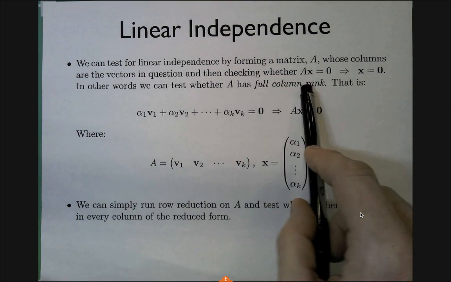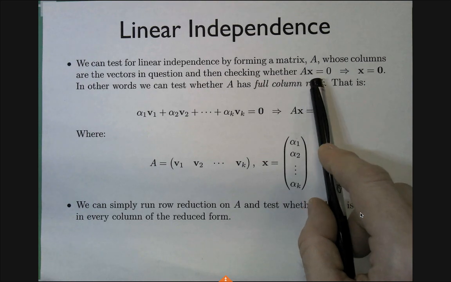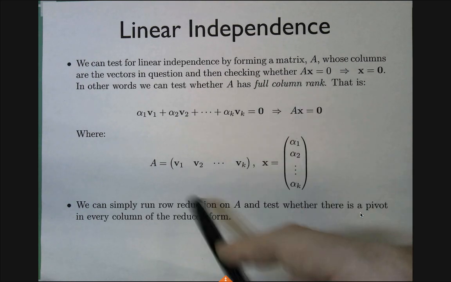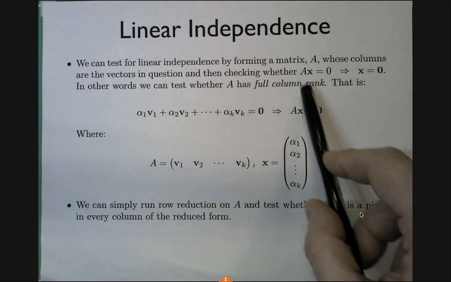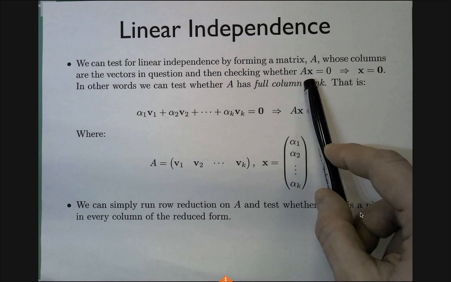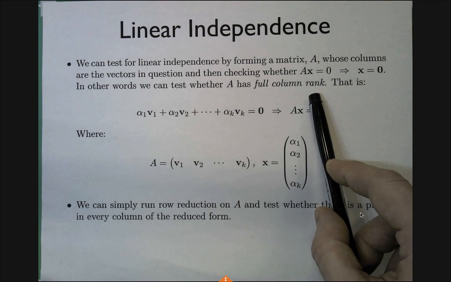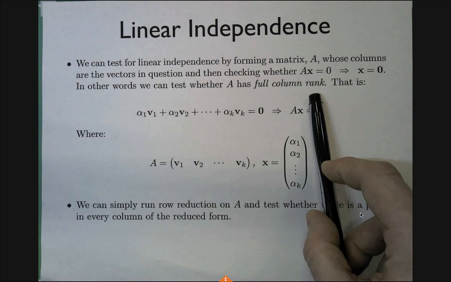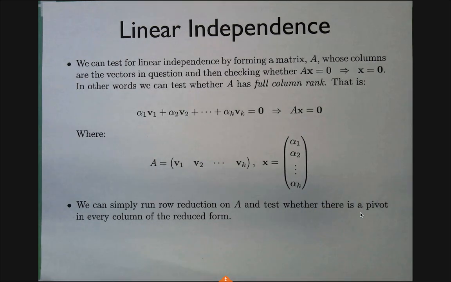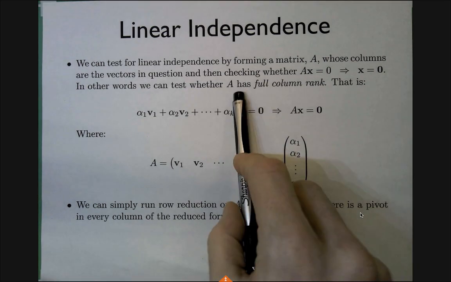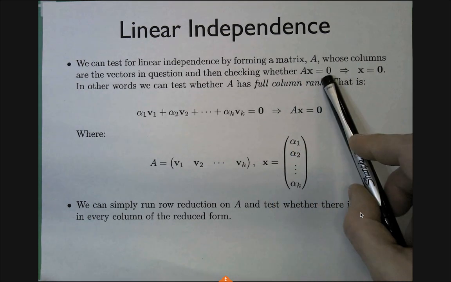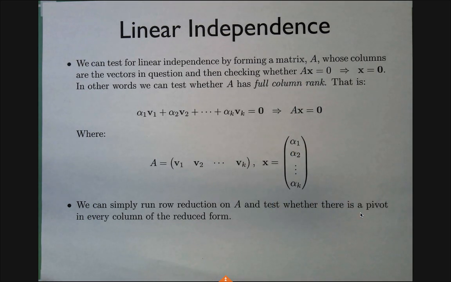How did this work if I was solving the system of homogeneous linear equations? I converted it to reduced row echelon form. And if there were some free variables, then there were non-trivial solutions, because for the free variables, I could pick non-zeros and get a non-trivial solution. If there were no free variables, if A had full column rank, then the trivial solution is the only one, okay?